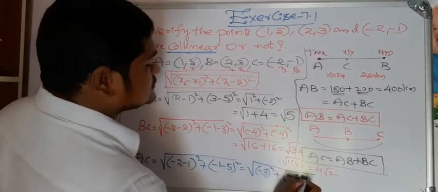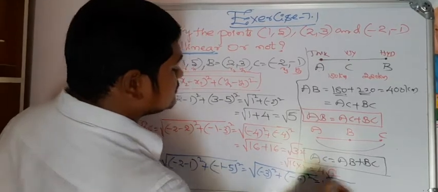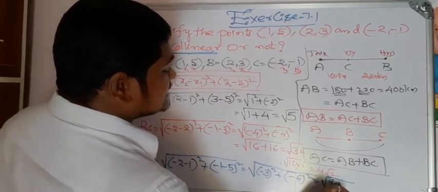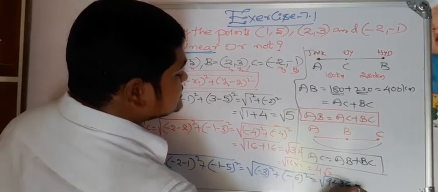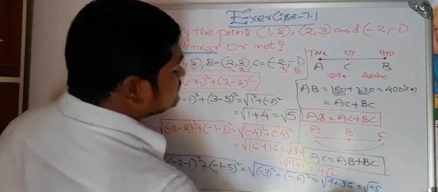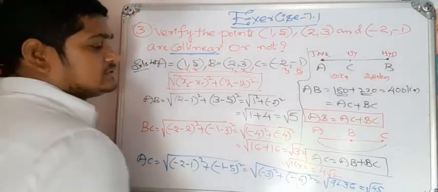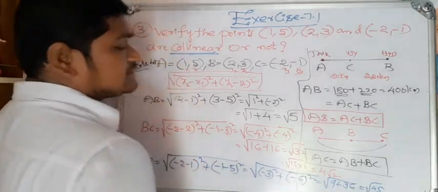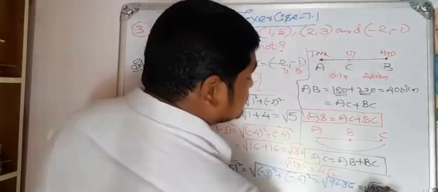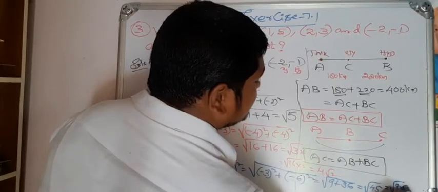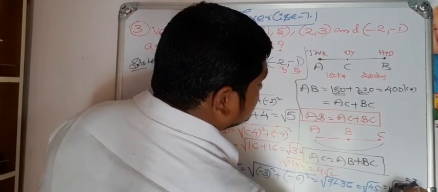With the same procedure, it is 3 square is 9 plus 6 square is 36, so it is equal to root 45. We can write 45 using a perfect square: 9 into 5. 9 can be simplified, so this is equal to 3 root 5.